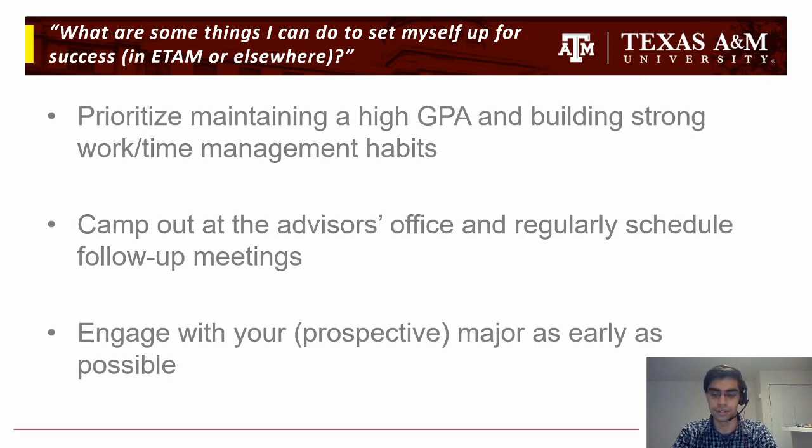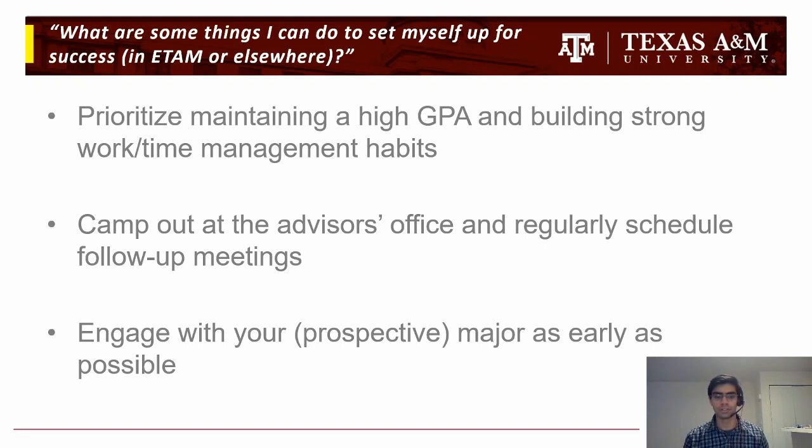Even though the likelihood of securing an internship as a freshman isn't that high, having a high GPA will still open doors for you. So it'll open doors for things like research. So try to maintain as high of a GPA as you possibly can.